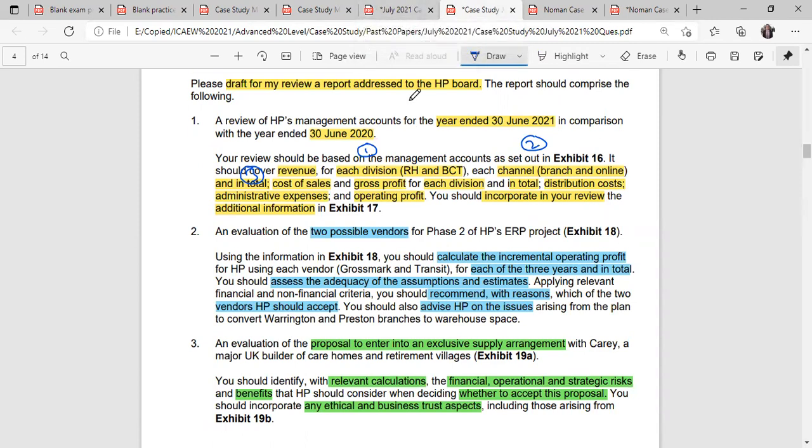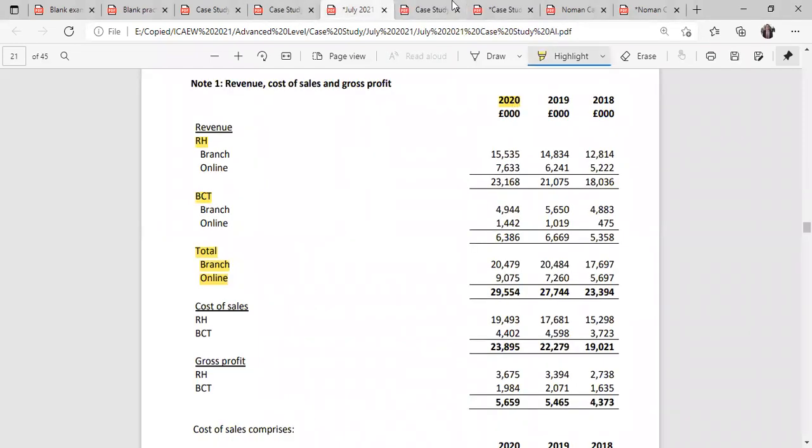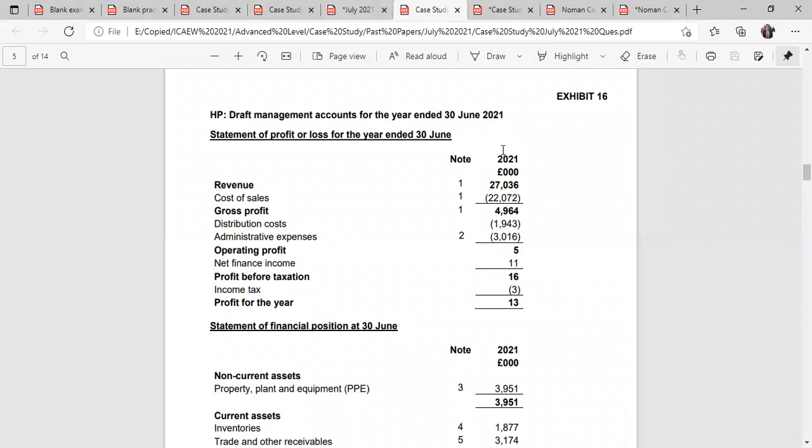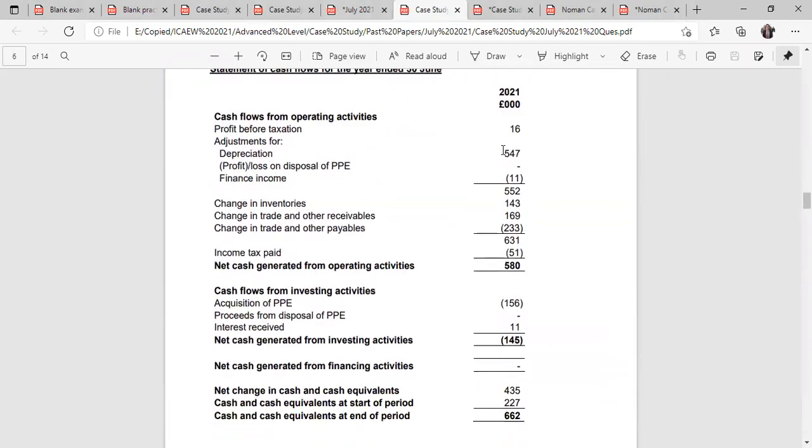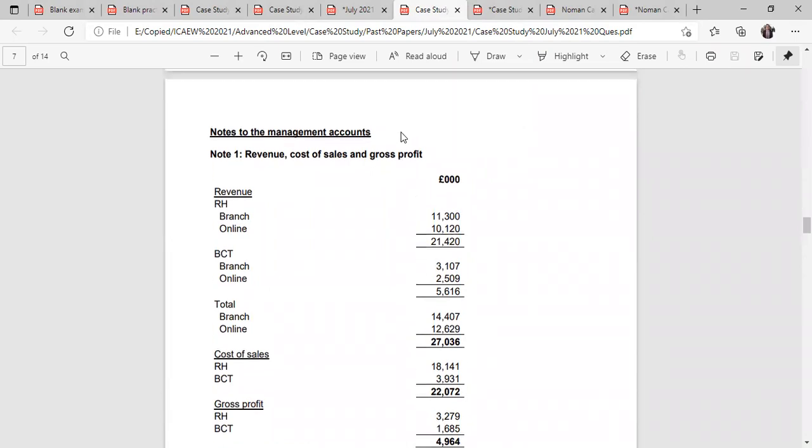So what you are going to do, here we have 2020 figures. Here we have 2021 figures. Again, moving on to note 1, we have the same explanation, and this information is for 2021. We have RH and BCT.